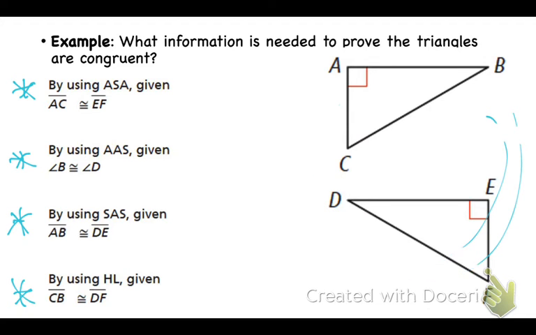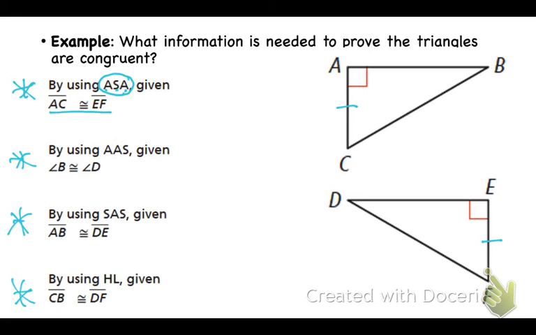Okay, so on the first one, what do we know? What's it give me? I want angle, side, angle, but what did it give me? AC is congruent to EF. And I need angle, side, angle. So it's the same as the other problem we just did. It's just not hypotenuse leg. So I need a side in between two angles, don't I?